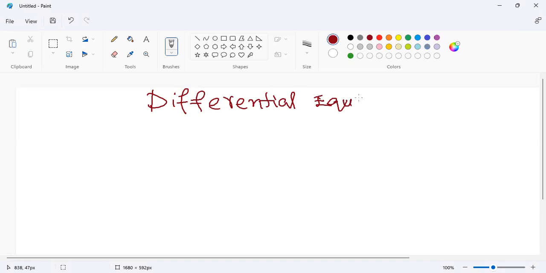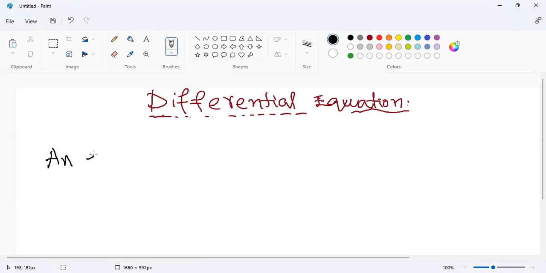So we will start this course by defining what is a differential equation. So let's define what is a differential equation.